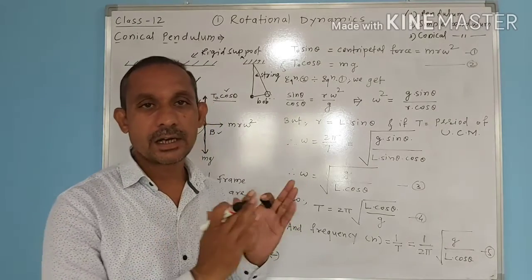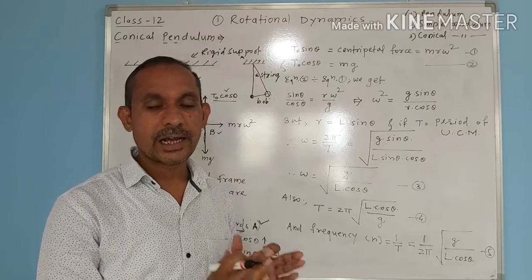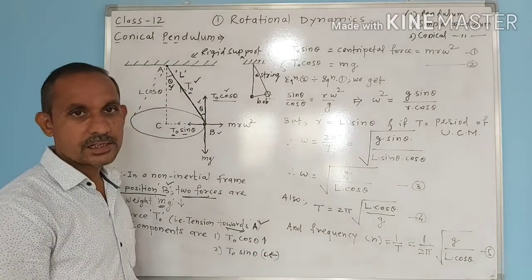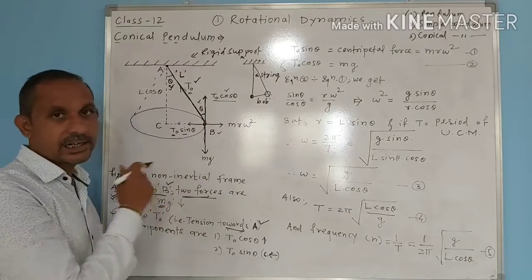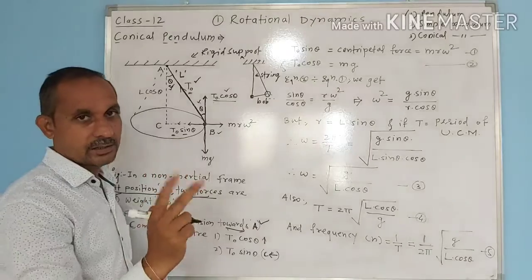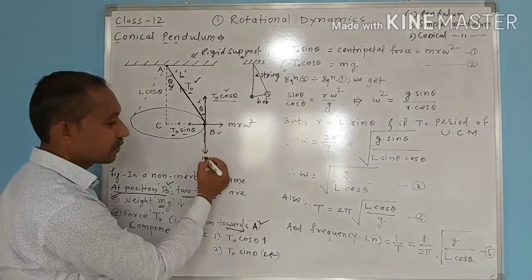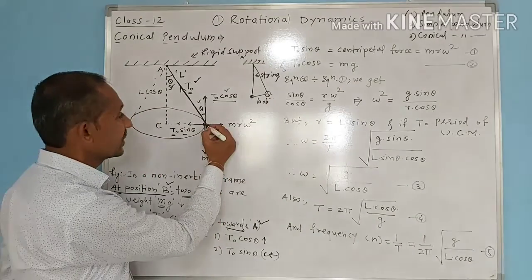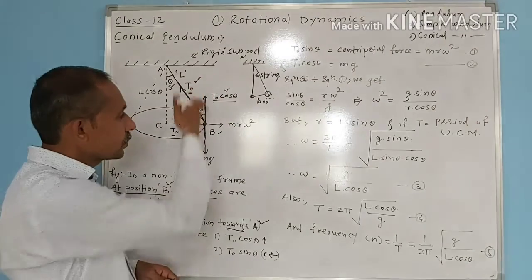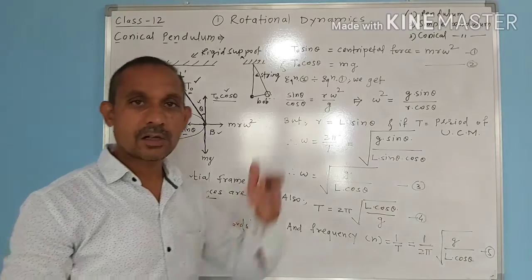Now see the figure and analyze it. In this figure, consider the vertical direction. There are two forces. First is the weight force acting downward, and second is the upward force, that means T0 cos theta. Only these two forces are present along the vertical direction.